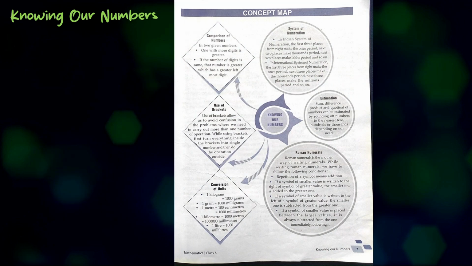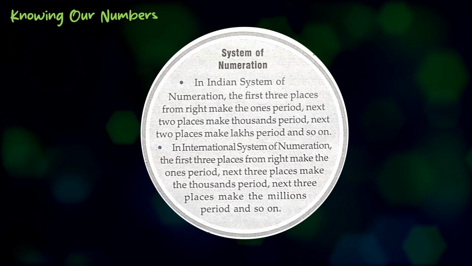Next, coming back to the concept map, we have finished the comparison of numbers. Next we will move on to the system of numeration. In the Indian system of numeration, the first 3 places from the right make the ones period, the next 2 places make the thousands period, the next 2 places make the lakhs period, and so on.